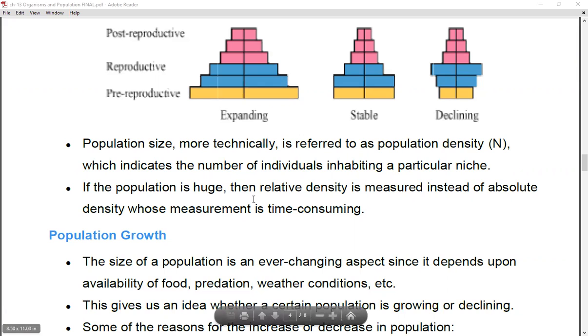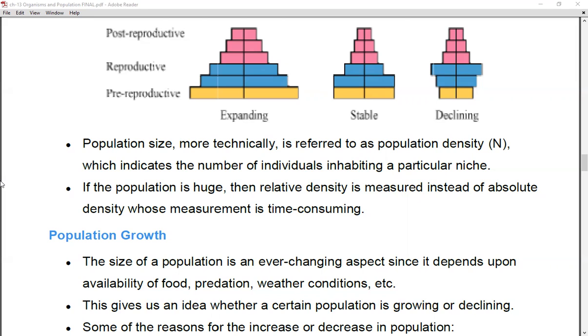If the population is huge, then relative density is measured instead of absolute density, whose measurement is time consuming. Normally two types of density are found. First is the relative density and second is the absolute density.